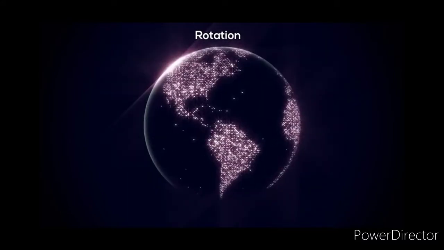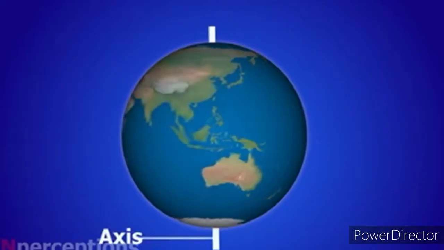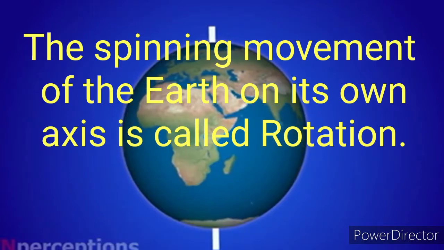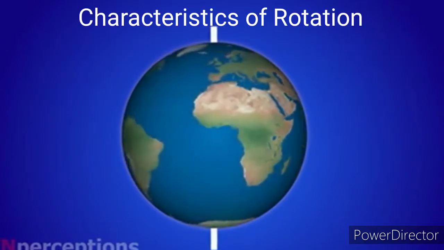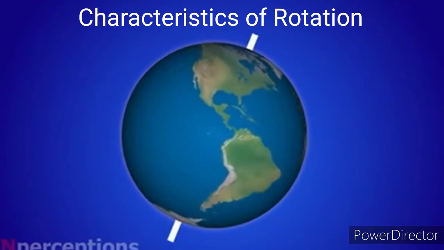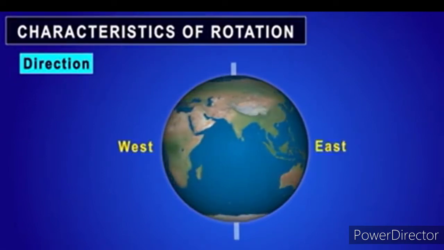The earth rotates constantly, which means it never stops. The spinning movement of the earth on its own axis is called rotation. Now let's understand the characteristics of rotation. The first characteristic is direction of the earth.